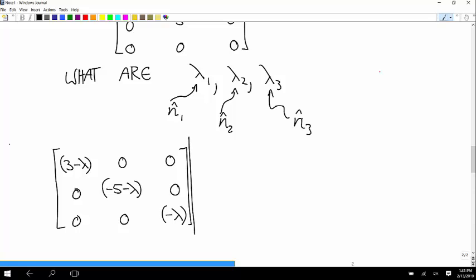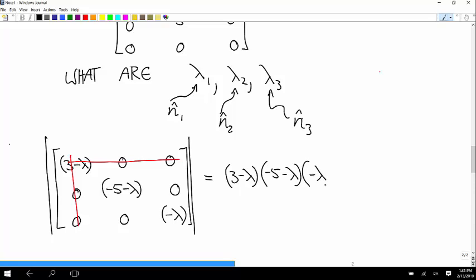The notation for determinant is like absolute value. To calculate this determinant, we have the quantity 3 minus lambda times the quantity -5 minus lambda times negative lambda, and then minus 0 times 0.